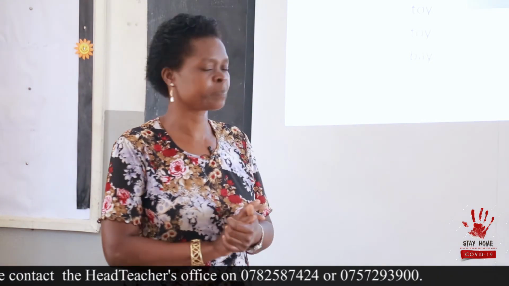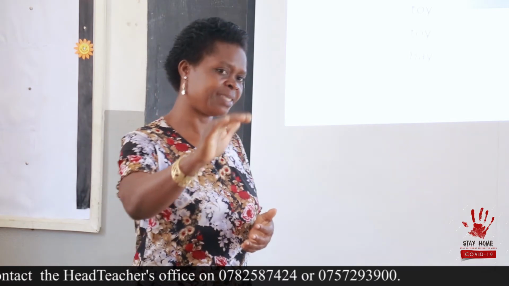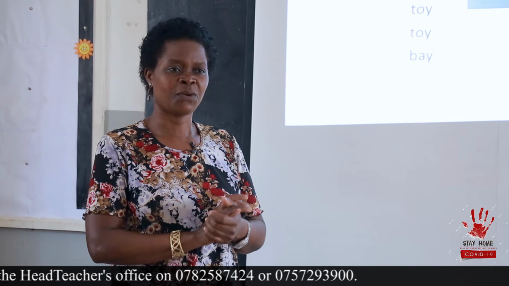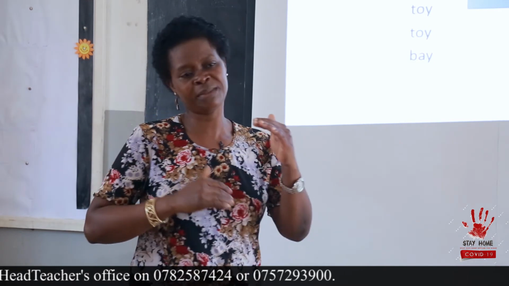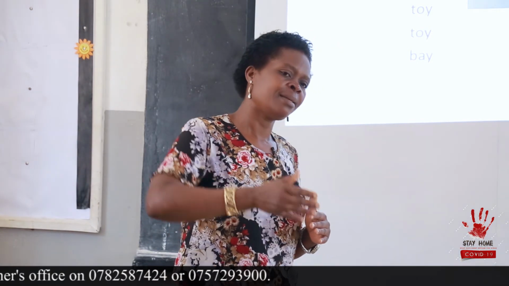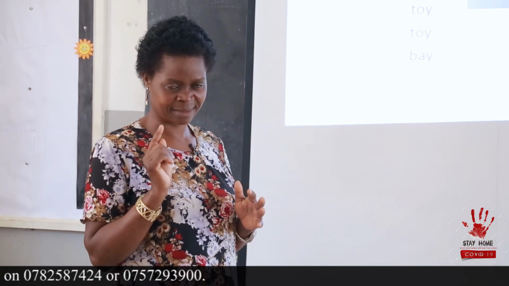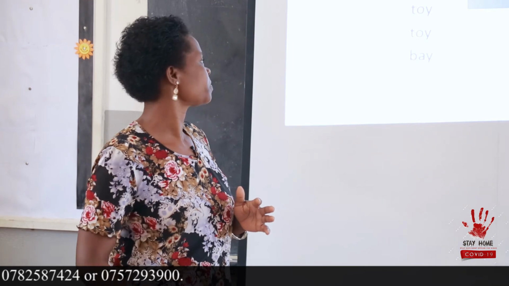I also have a list of these nouns that end with Y, but that Y is followed by a vowel sound. That vowel sound will command us to leave Y there and we just put S in plural form.